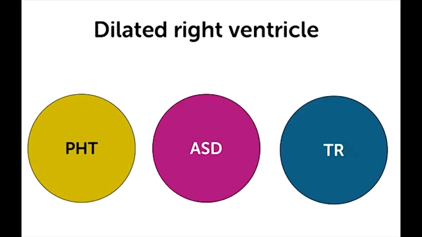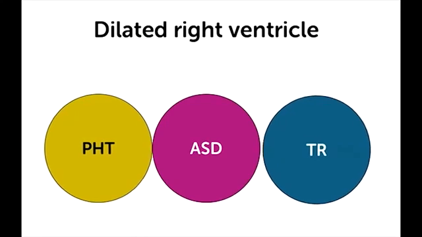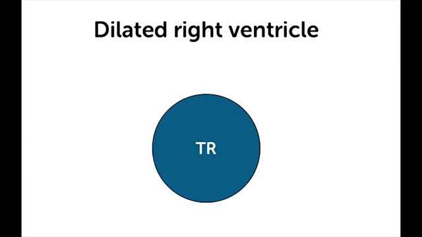There are numerous different reasons for a dilated right ventricle, but the most common causes are pulmonary hypertension, a shunt because of an atrial septal defect, and tricuspid regurgitation. Often, these can also be combined, especially pulmonary hypertension and tricuspid regurgitation.